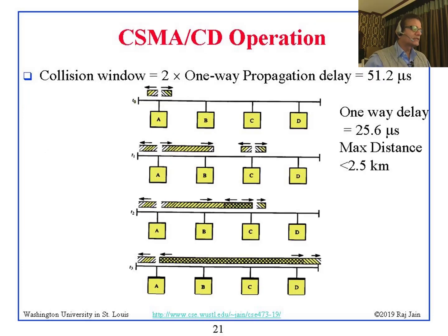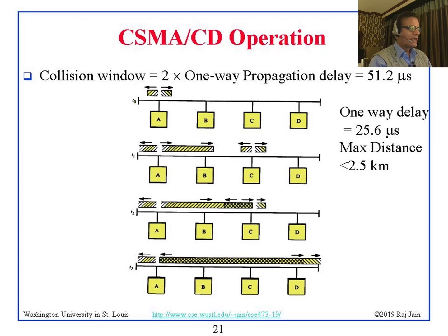What this slide, 21, does is show the actual propagation of the signal. The first line shows that A starts transmitting, and the signal starts going in both directions, left and right.